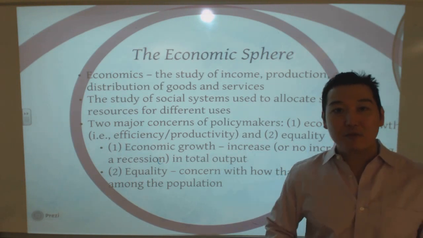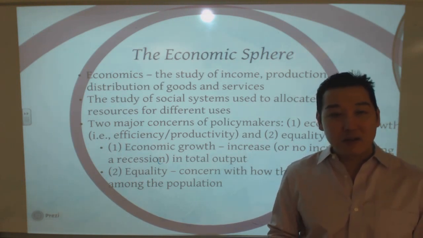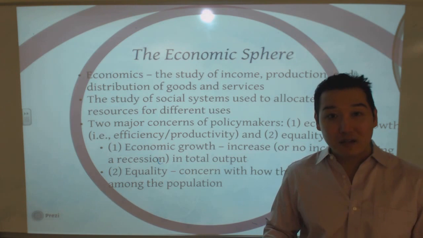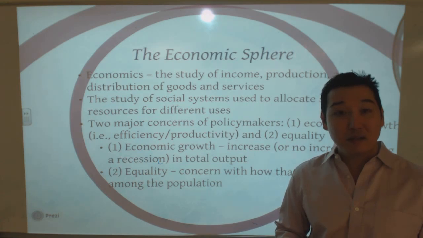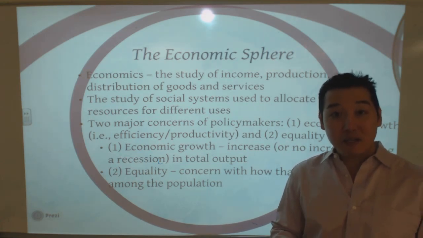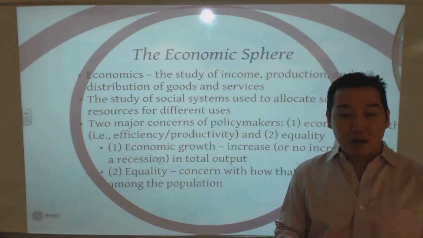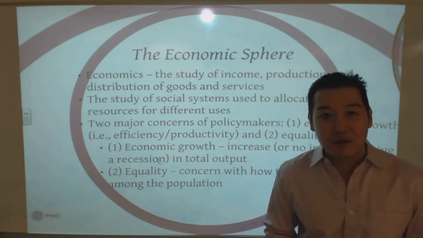So that's one way in which we measure economic growth or efficiency. That is, if GDP is increasing or maybe not increasing, that's a measure. So we might say that we're in a period of recession where GDP is not increasing at all, or maybe even decreasing. That's how we characterize recessionary periods.